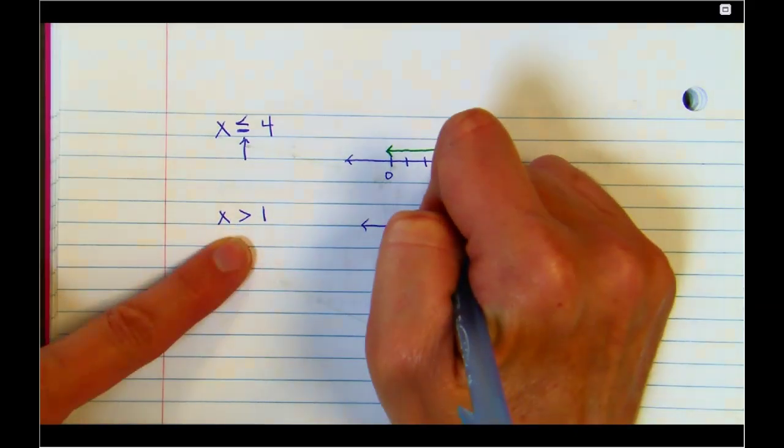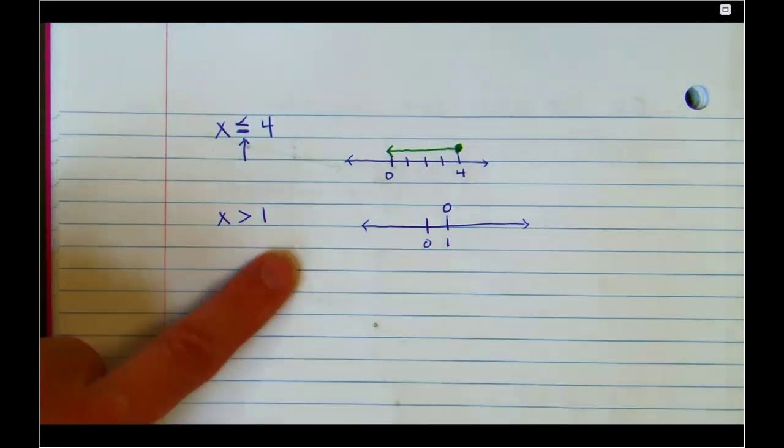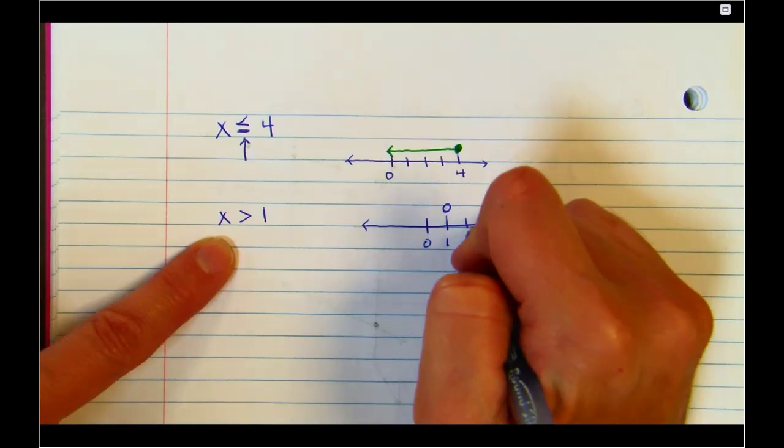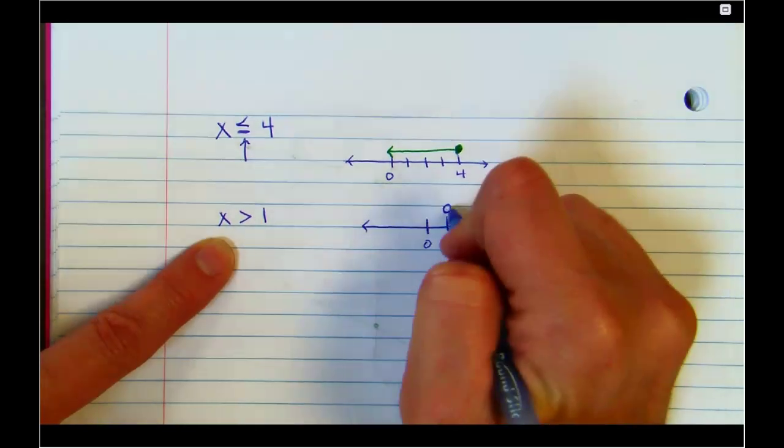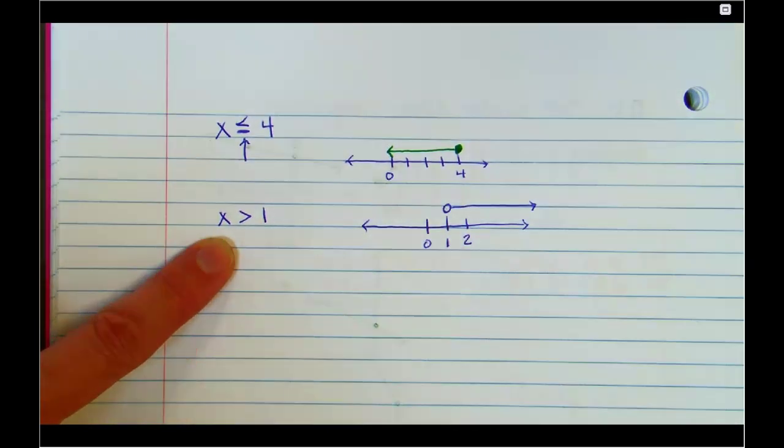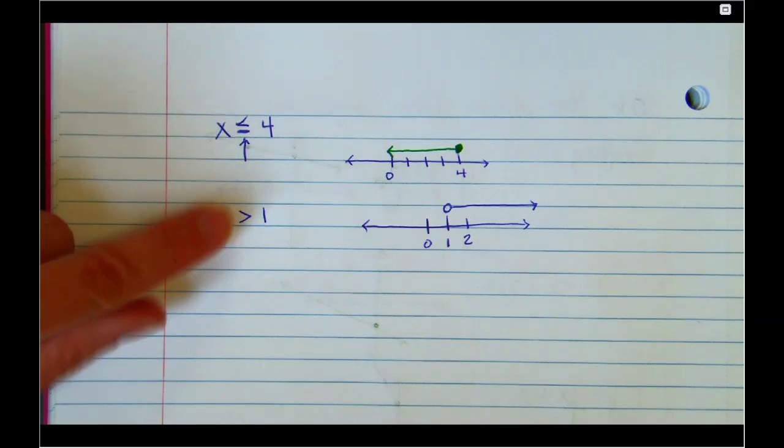So open circle, floating there above the 1. And this is x is greater than 1. So numbers greater than 1 are to the right. These are greater than 1, like this would be 2. That's more than 1. So I have to go in this direction. So you're asking yourself 2 questions: open or closed, left or right. And it's all based on this symbol right here.